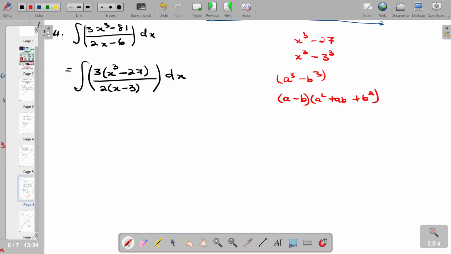So if we apply that here, for this term, we are going to have x minus 3, then the other bracket is going to be x squared plus 3 times x, which is a times b, plus 3x, plus this last term, which is 3 squared, which gives us 9.